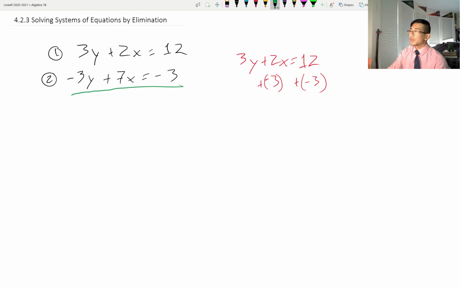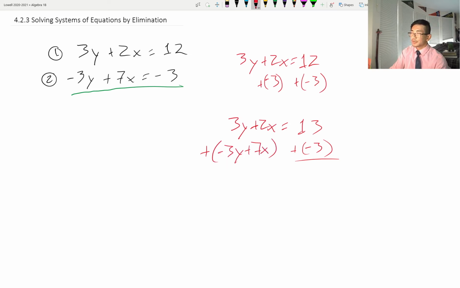So I'm going to write it like this: 3y plus 2x equals 12, plus, on the right side, I'm going to add in negative 3, also known as subtracting 3. But on the left side, I'm going to add in negative 3y plus 7x.